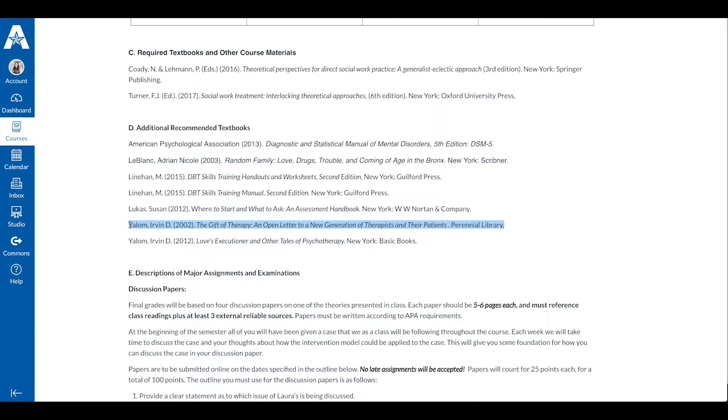It's very, very good. And then this book, Love's Executioner, is also fantastic. It is an amazing experience reading Yalom's thoughts and his honest countertransference in this book. I will likely reference the two of these often throughout the semester, and I highly recommend them.